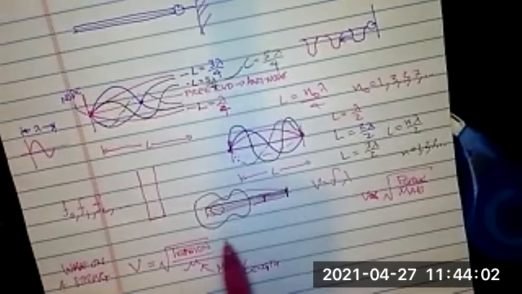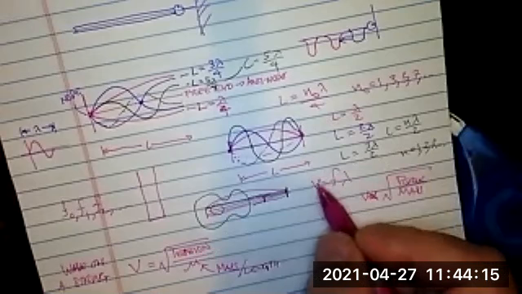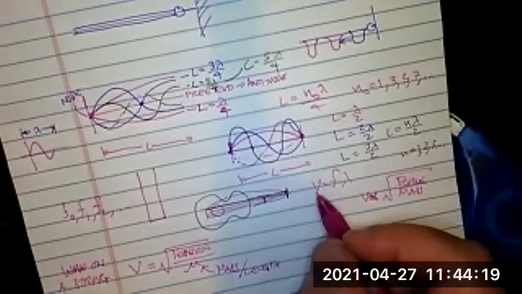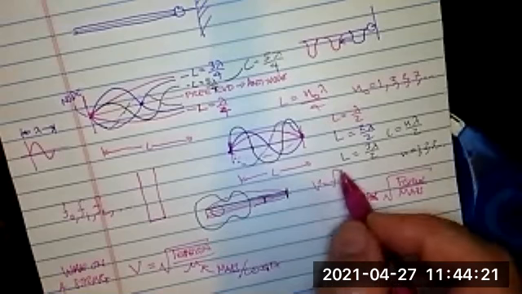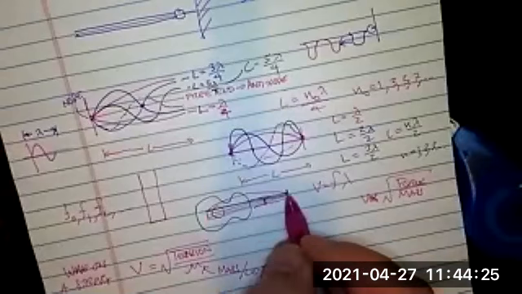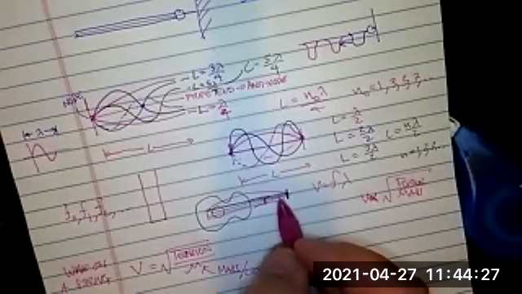But whatever tension it is, if you set the tension constant, then the velocity of the wave for the fat string would be lower than the velocity of the wave for the skinny string. And of course, that velocity is always going to be equal to the square root of the tension of the string divided by the mass per unit length. And then, of course, you can use the length to be the distance from here to this fret, or actually one of the frets.